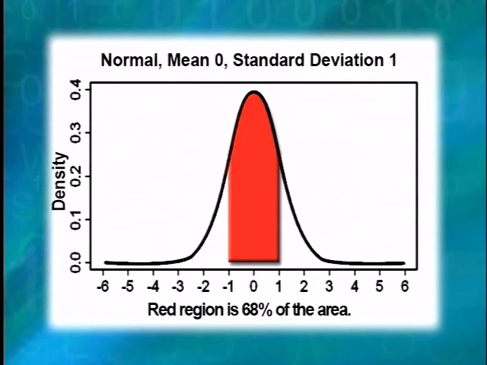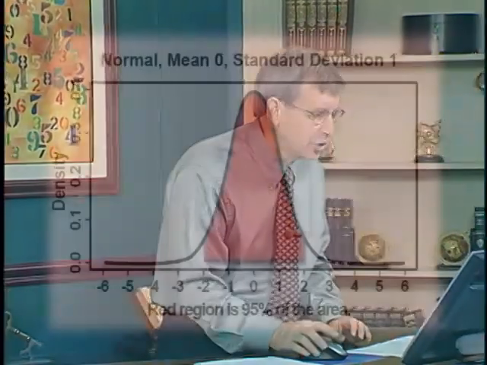So the effect of that is that it allows us to get some understanding about, for example, what fraction of the population is likely to have certain heights if we're looking at a population that's described by a normal distribution.